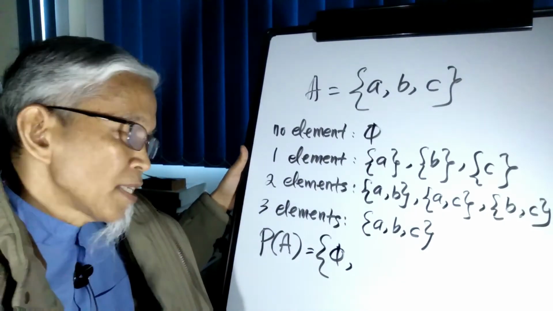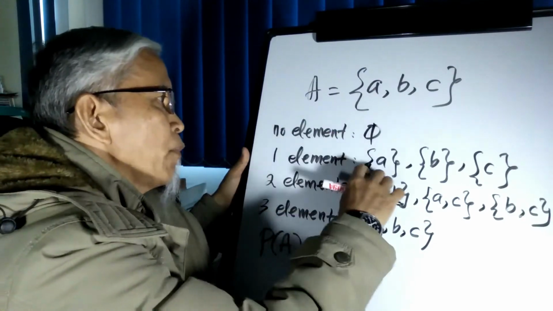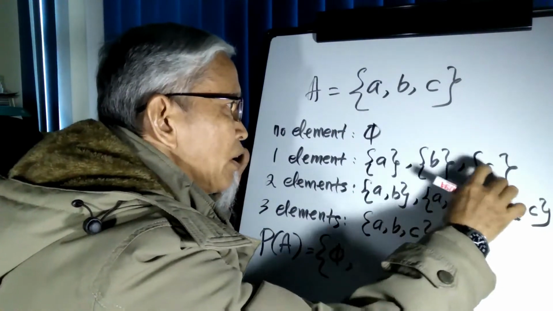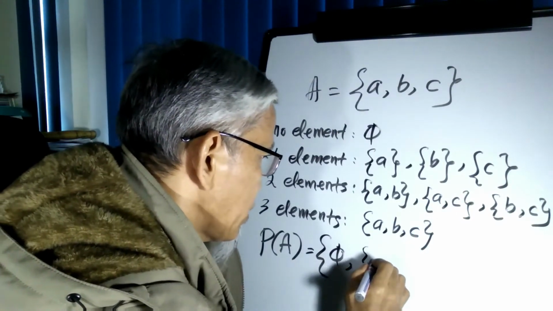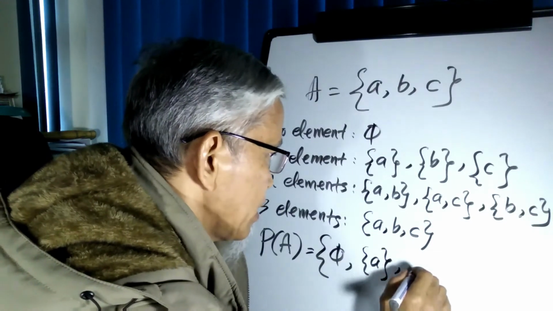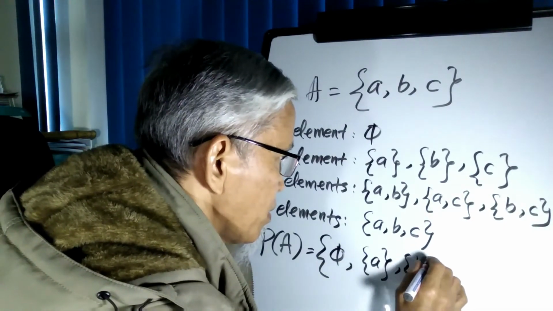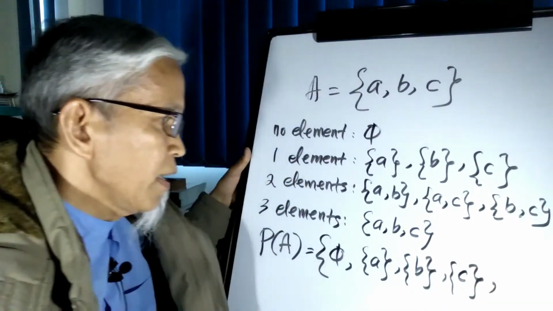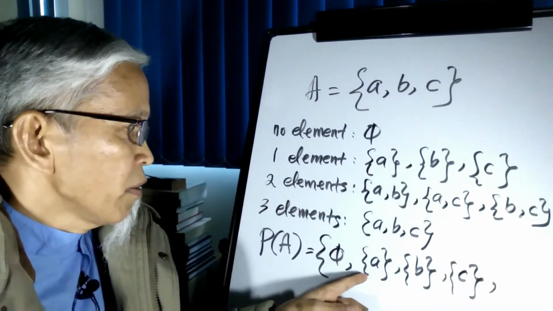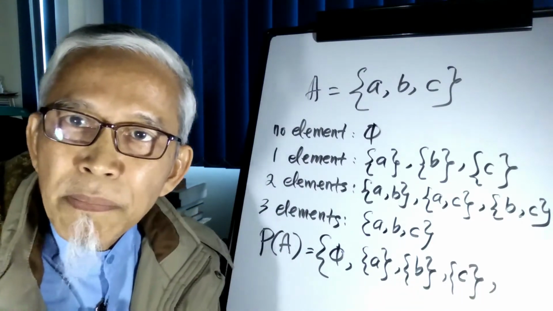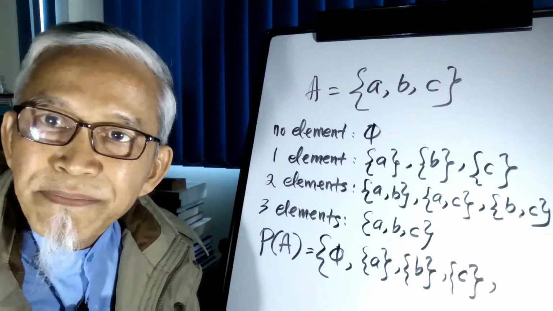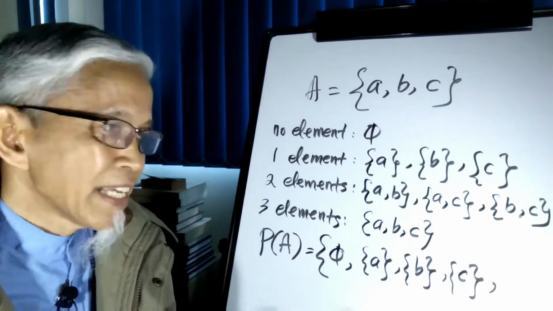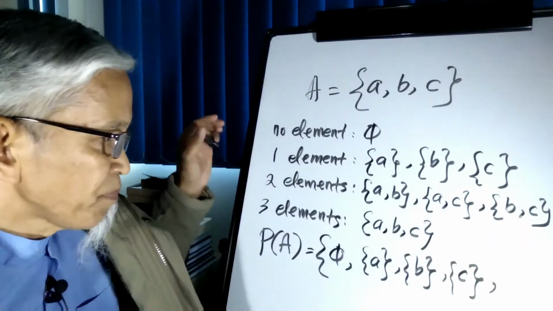Next are the subsets of A with only one element, 1, 2, 3 of them. So we write a, b, and c, each as a singleton with only one element. Then with 2 elements, we have 1, 2, 3.